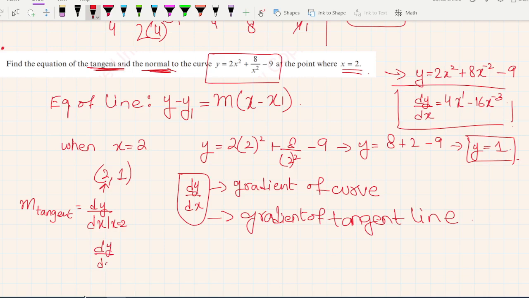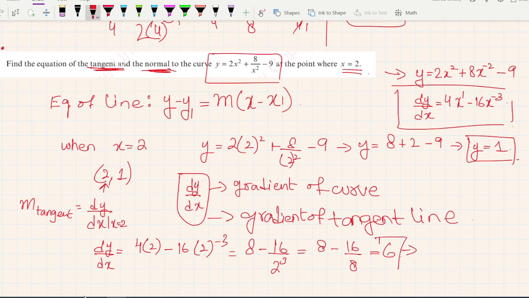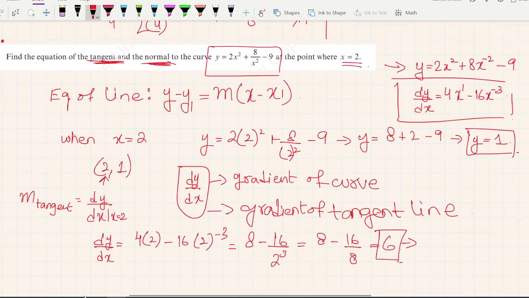When we put x equals 2, dy by dx becomes 4 times 2 minus 16 times 2 raised to the power of minus 3, which is equal to 8 minus 16 over 2 raised to the power of 3, which becomes 8 minus 16 over 8, which becomes 6, right? So the gradient of the tangent line is 6.